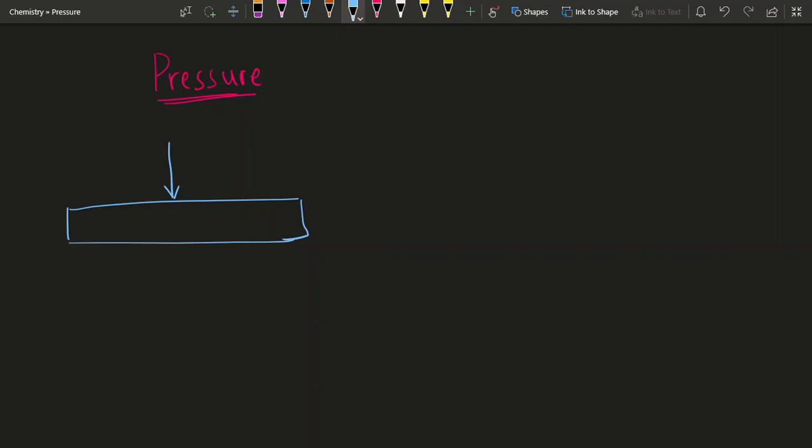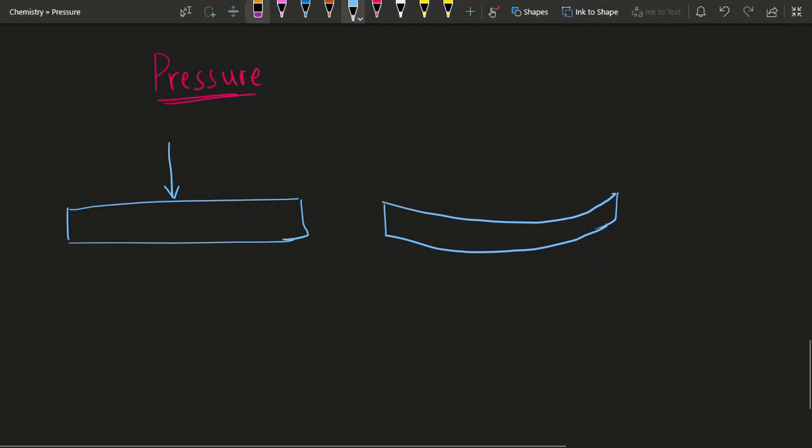Then your sheet would start to bend. In a way, applying force results in a pressure on the sheet, and it causes it to bend.